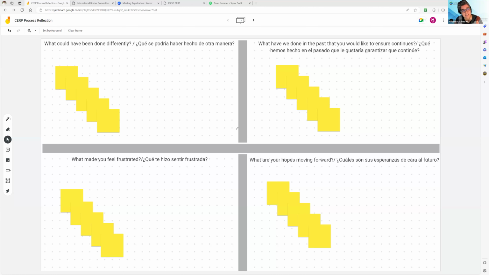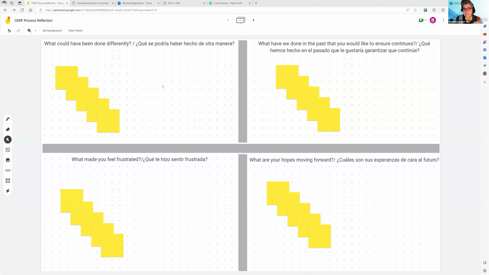But also reflect on some things that could have been done differently, right? In the planning process, maybe some things that made you feel frustrated, that we want to be mindful of moving forward.